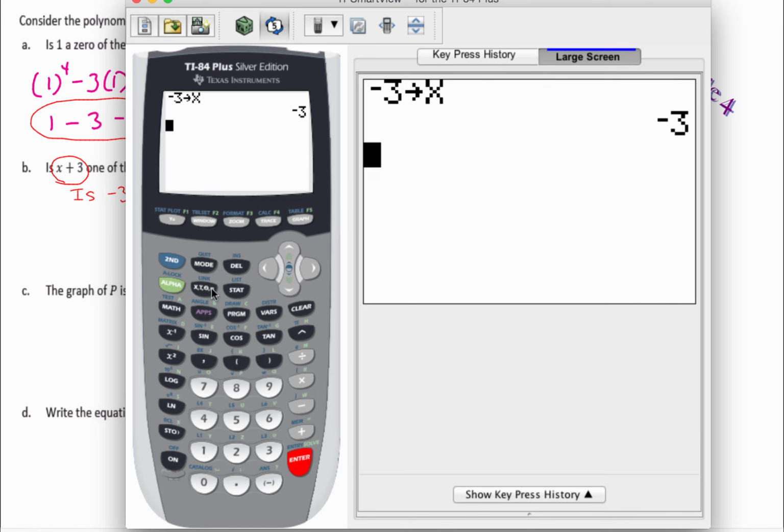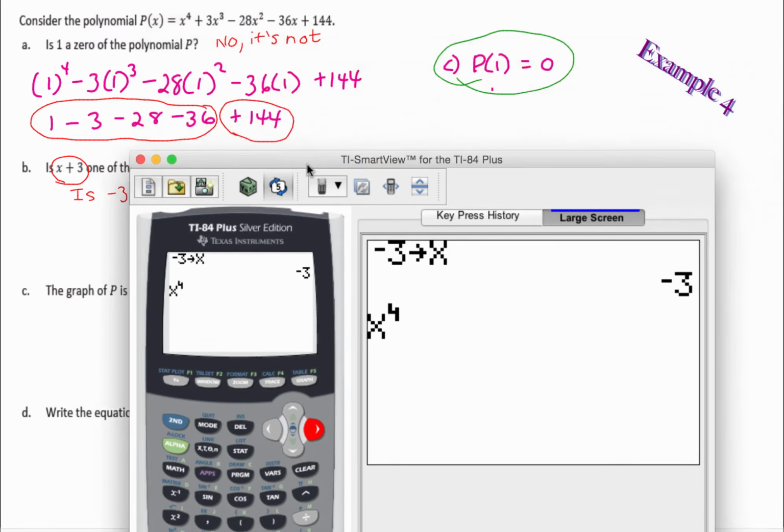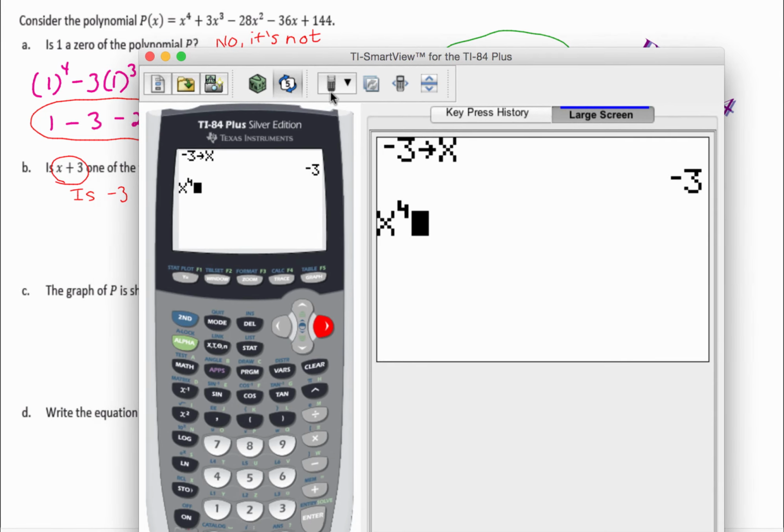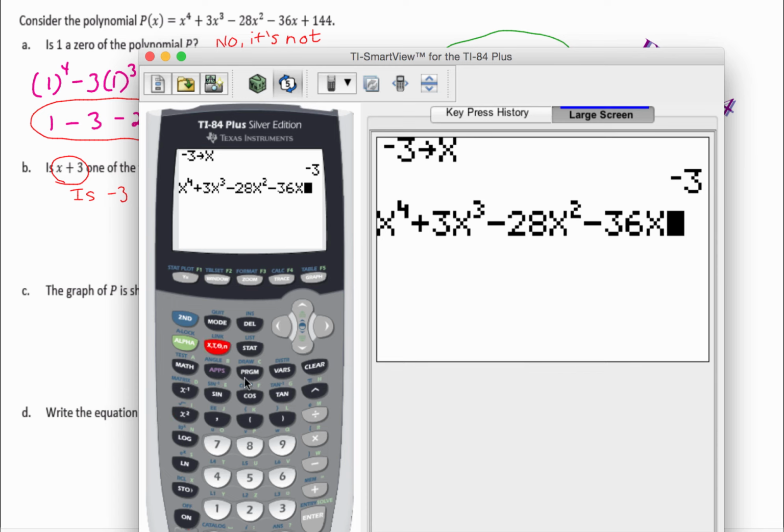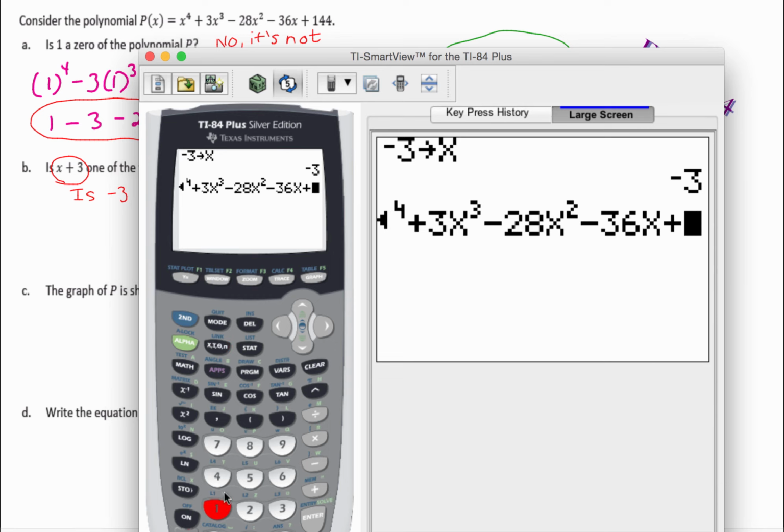In this case, our equation was x to the 4th plus 3x cubed minus 28x squared minus 36x plus 144.